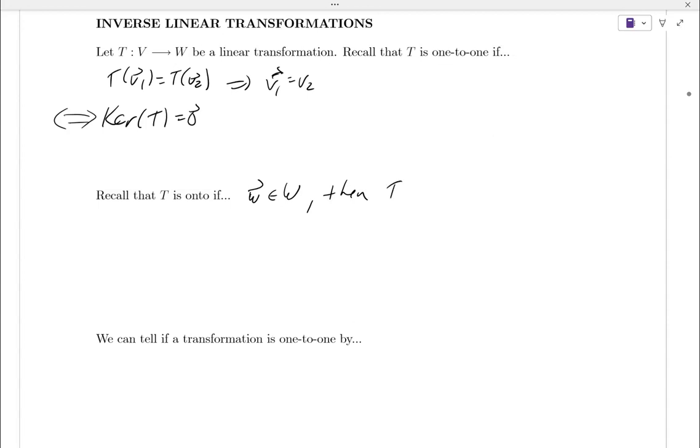Okay, so the exactly one part would be the 1-to-1 part, but for onto is that there is one, right? So there exists something in the domain such that T of V is equal to W.